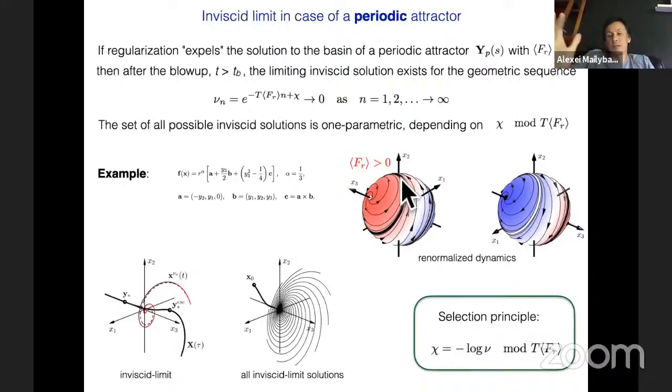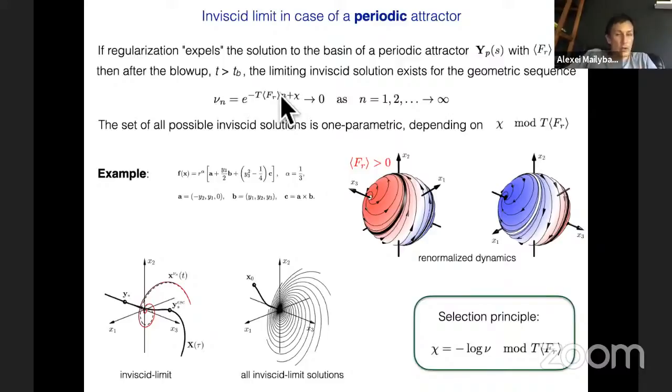So it's a specific system with specific regularization, and the theorem tells that you can have a limit of the solution of the regularized system if you take the viscous parameter going to zero along a specific geometric sequence.